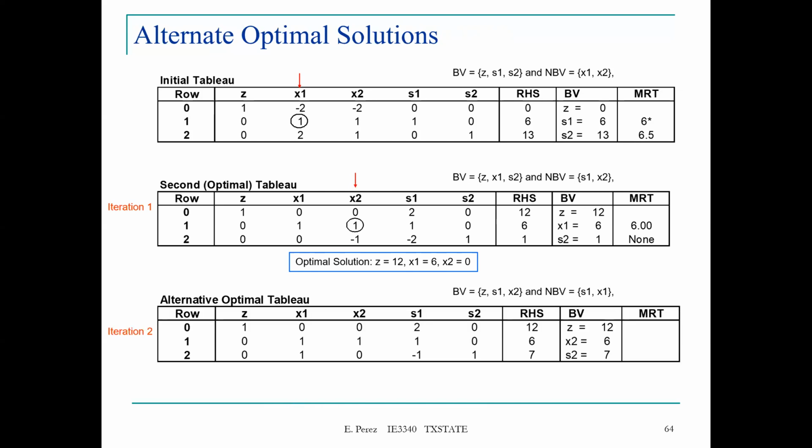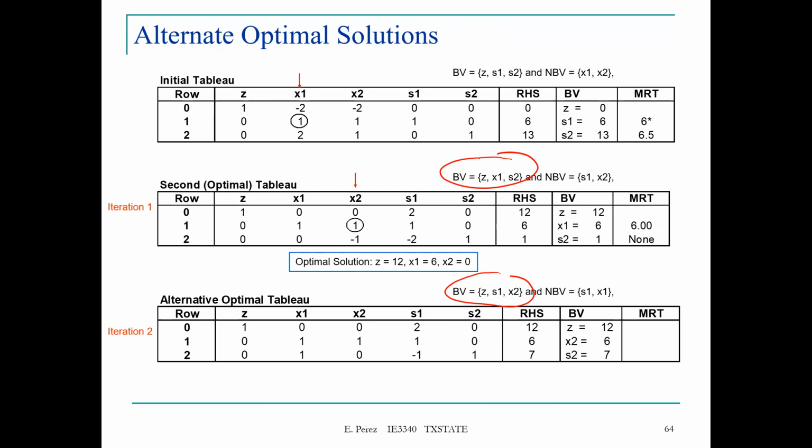Our alternative optimal solution could also be this one. The difference here is that for the basic variables, you see that the sets are different. In one, we enter X1, in the other one, we enter X2. But we still get the same solution.